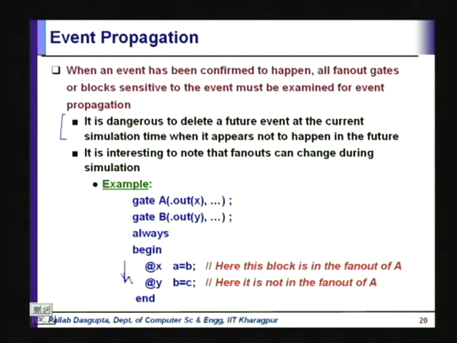This sequence is important. So, what is this block going to do? It is going to wait for a change in x, then assign A equal to B, and then wait for a change in y, and then assign B equal to C.